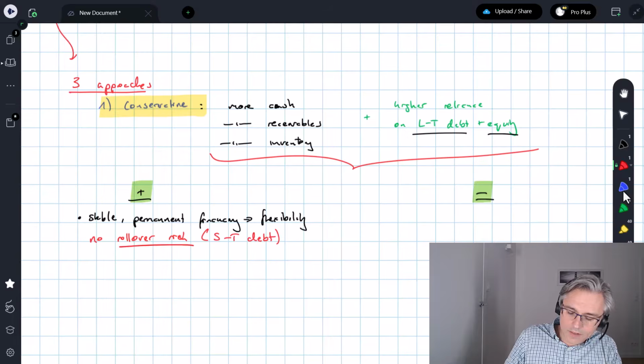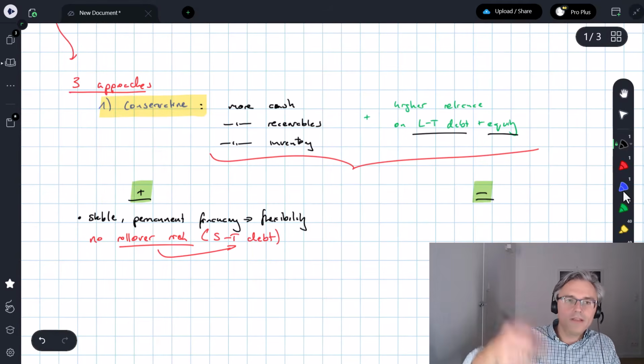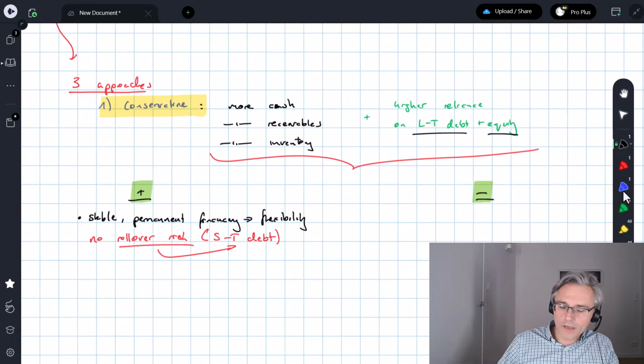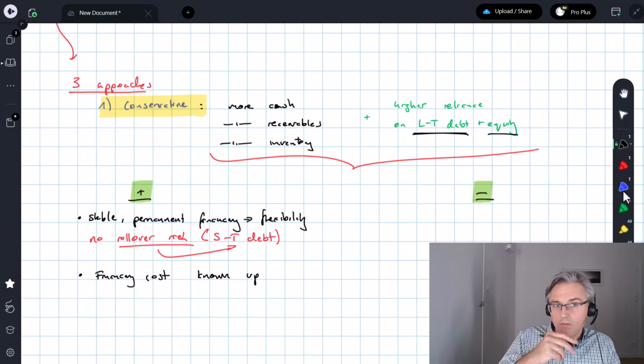Which is the case with short-term debt, right? Rollover risk is always present when you borrow money short-term and need to ask for money again just to keep the loan going. In the case of long-term debt, at least, the financing cost is typically known up front, especially if you're paying fixed interest on the borrowing.